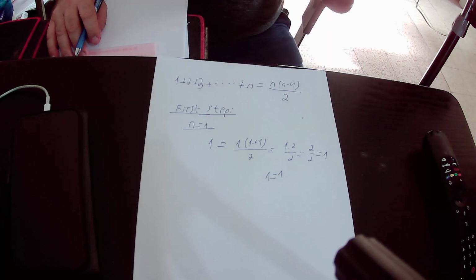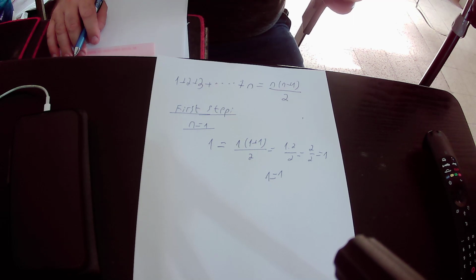So 1 equals 1. So we passed the first step. We checked for n that equals 1 that this statement is true, and indeed it is true for n that equals 1.